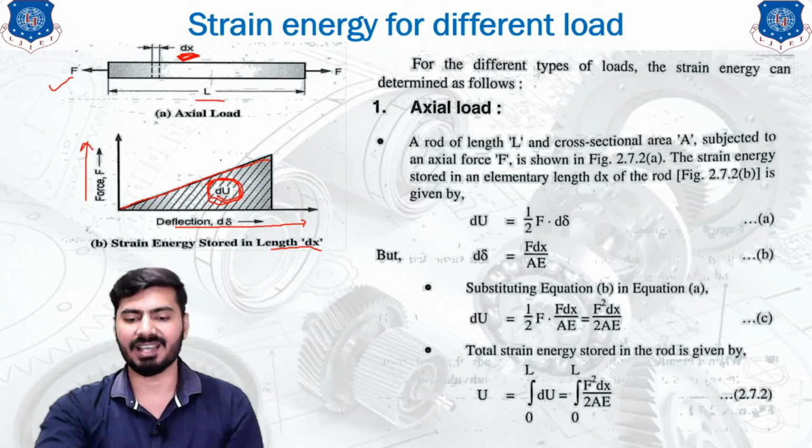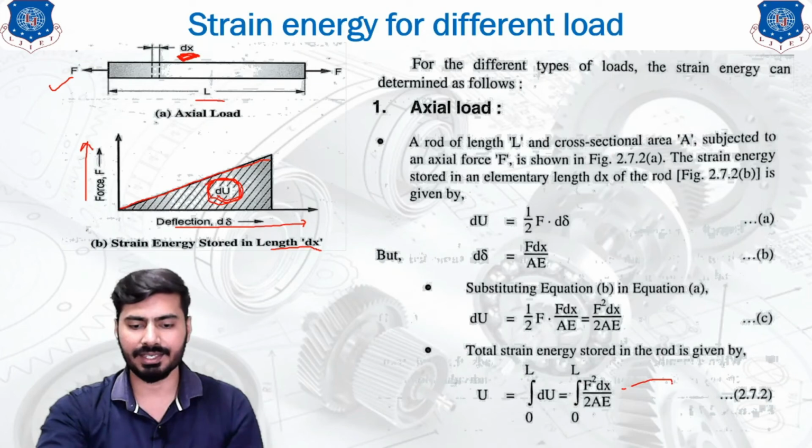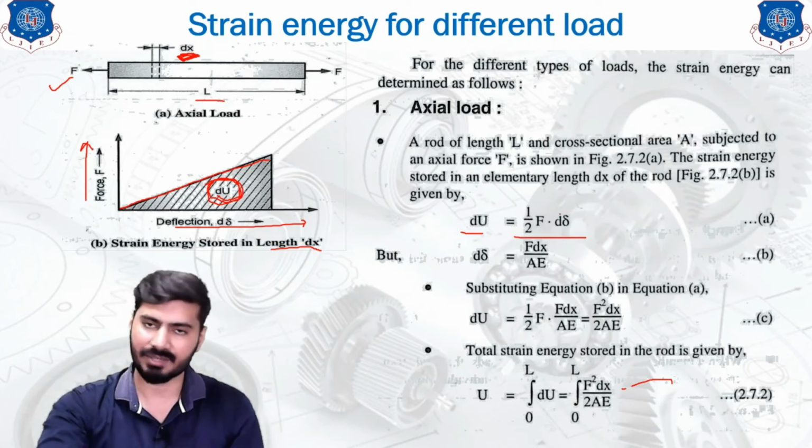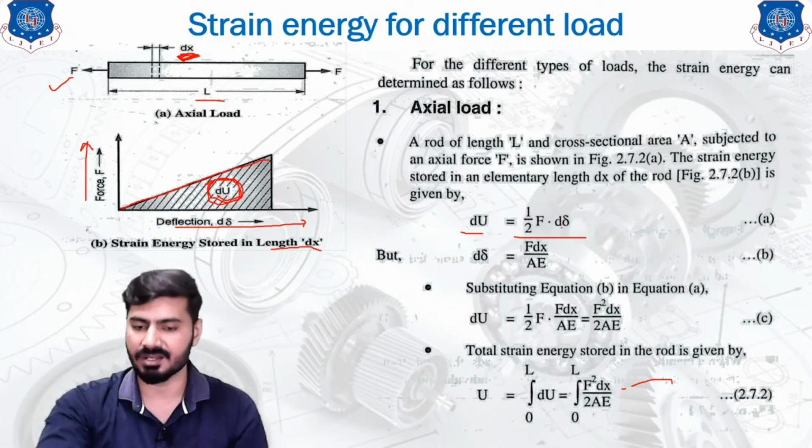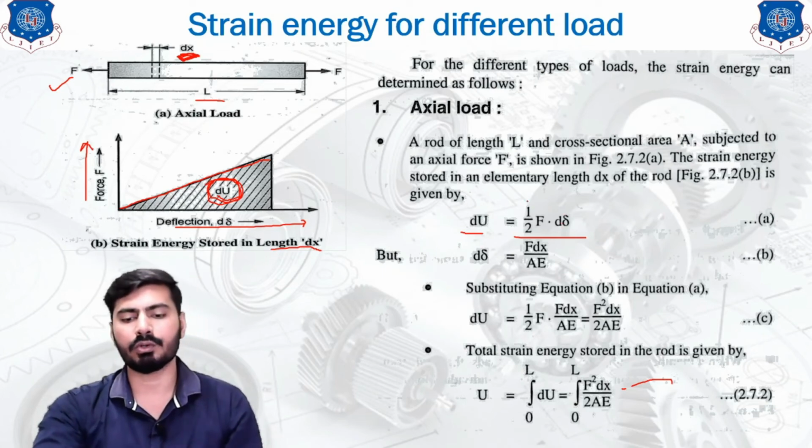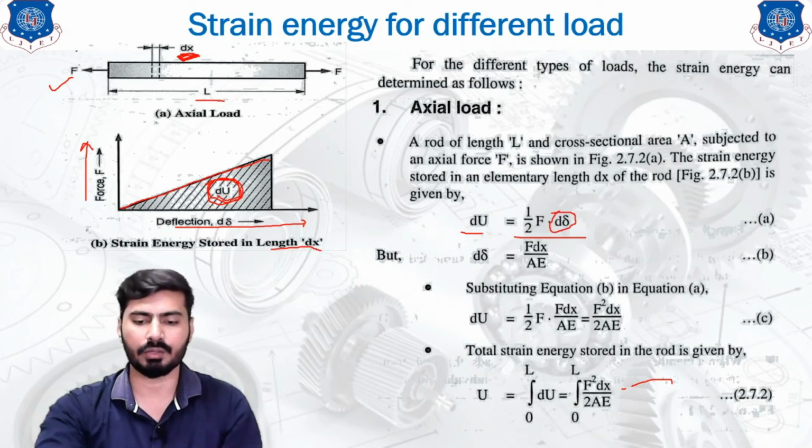As you can see, the area of the triangle can be written as one half base into altitude. The base is d delta, and the altitude is the force F which we have applied. If you want to calculate this delta, then we also have an equation for it, that is PL upon AE.